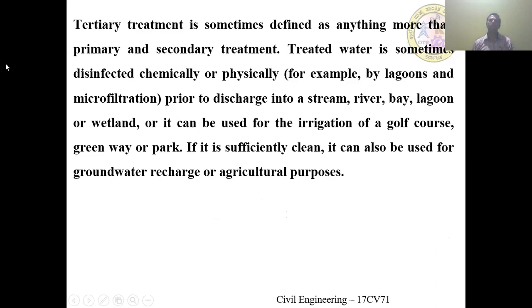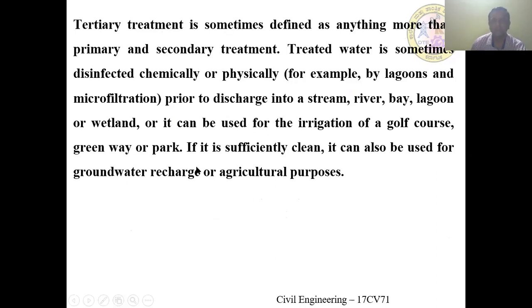Then later we go for tertiary treatment. Tertiary treatment is defined as anything more than primary and secondary treatment. The treated water is sometimes disinfected chemically or physically, by lagooning or microfiltration, prior to discharge into the stream of a river, a lagoon, or a wetland.